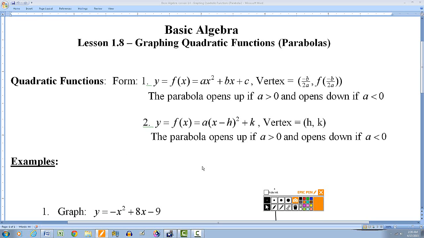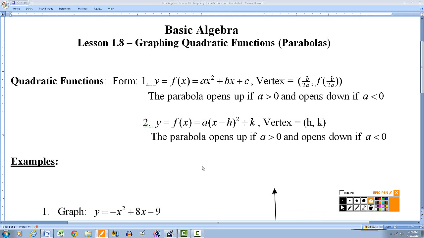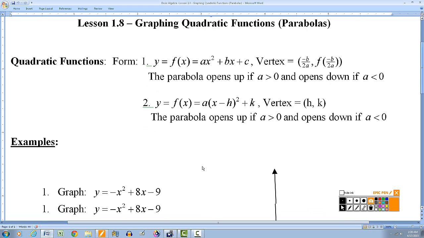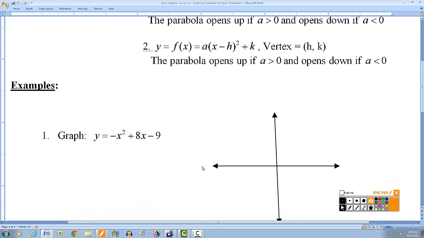Okay, so let's look at the graph of this one. y equals minus x squared plus 8x minus 9. Again, here I'm using the y. You could use f of x if you wanted in functional notation. So using the formula above, the first component of the vertex is minus b divided by 2 times a.